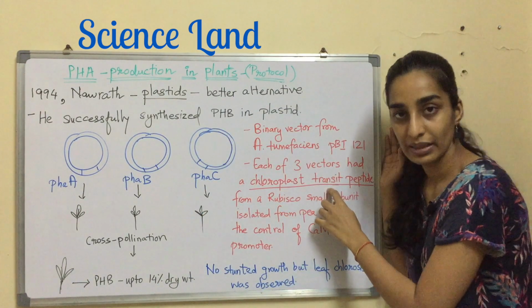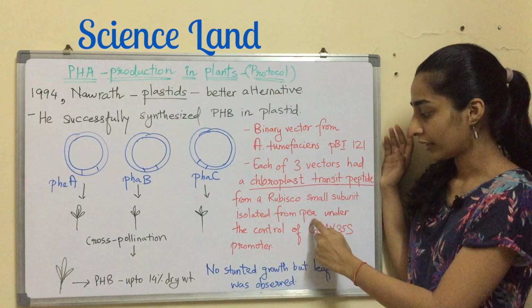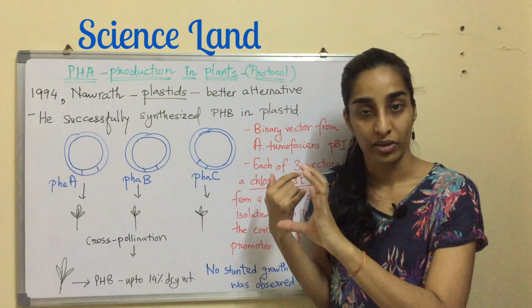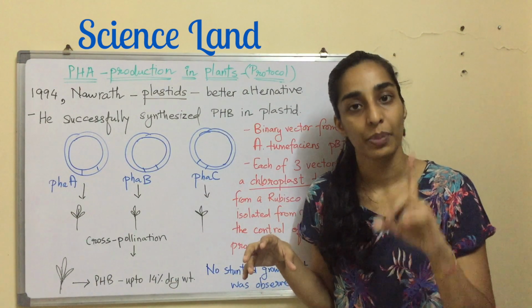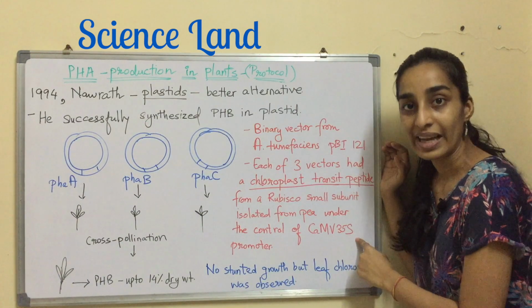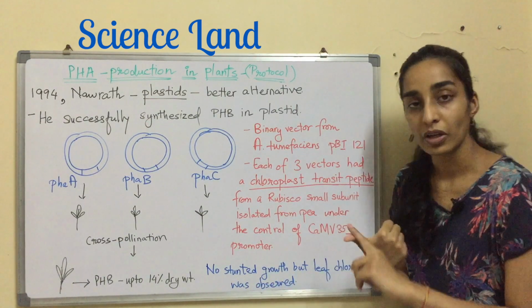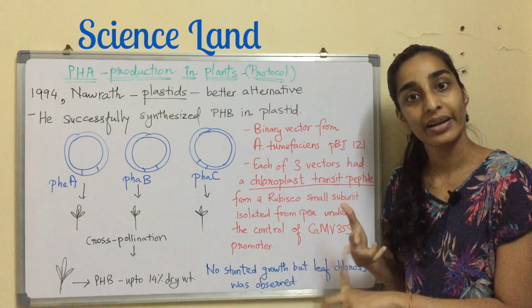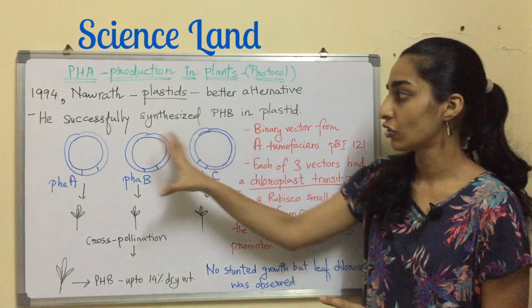Now this transit peptide here is isolated from P. And the entire vector is controlled by a promoter which is known as cauliflower mosaic virus 35S promoter. So 3 things: the gene itself, the transit peptide and the promoter. 3 things in each of the vectors.